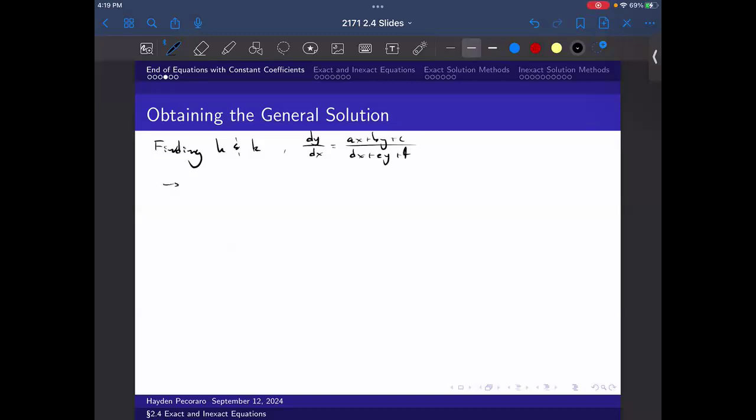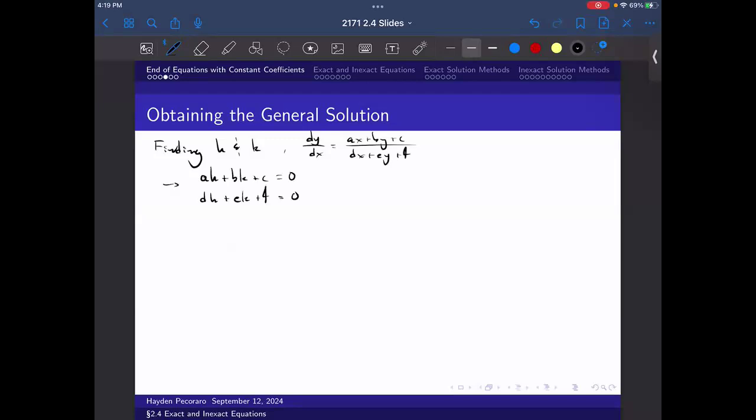Maybe you remember that the system of equations you have to solve ends up being exactly ah + bk + c = 0 and dh + ek + f = 0.